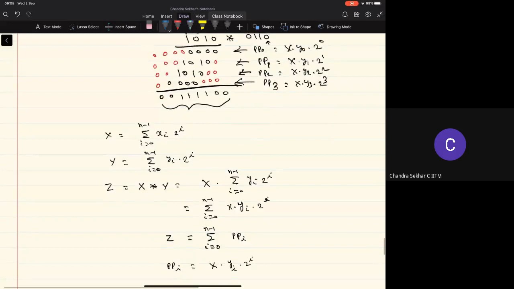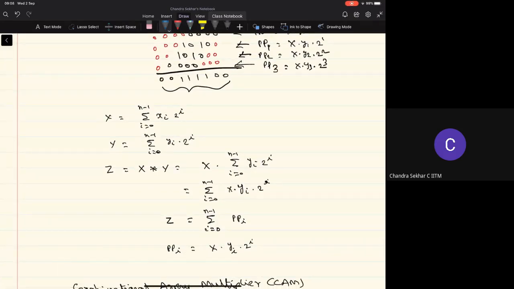Now, if I want to compute the product of x and y, I can substitute the expression for y here, and then we can bring this x inside the summation. We'll get summation x yi 2 power i, and whatever is there in this summation is what is referred to as the partial product. And that's what we generate. And then we sum up all these partial products for all the bits in the operands.